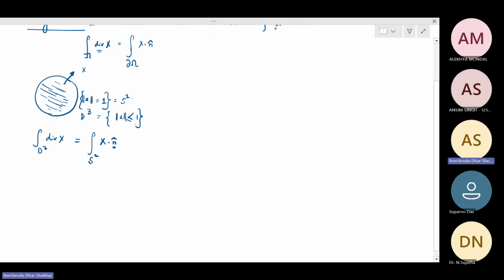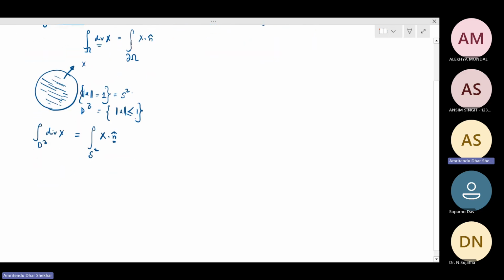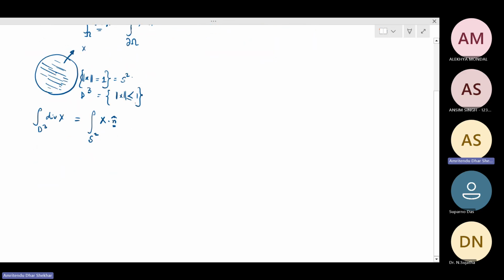Now, let's say you reversed this, and let's say this is your disk D3. This is your origin, and you have a vector field X, which is defined over R3.